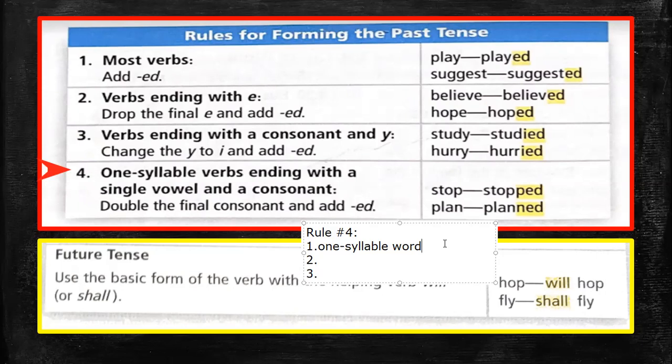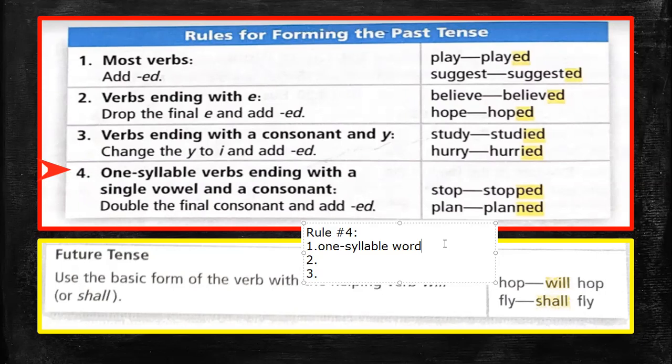What I want you to do is snap your fingers as you're saying the word and count how many times you are snapping your fingers, okay? Are you ready? Let's try it out. Stop. Let's do it again. Stop. How many times did you snap your fingers? If you said 1, then it's correct. It's only 1, which means that stop is a 1-syllable word.